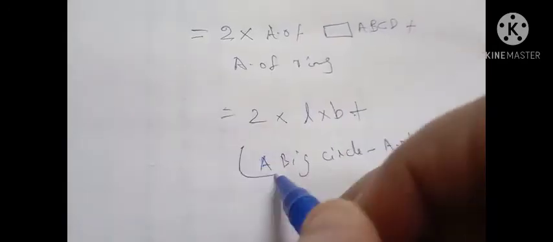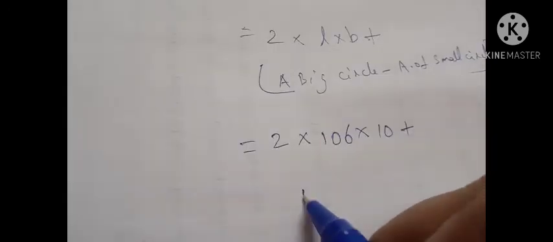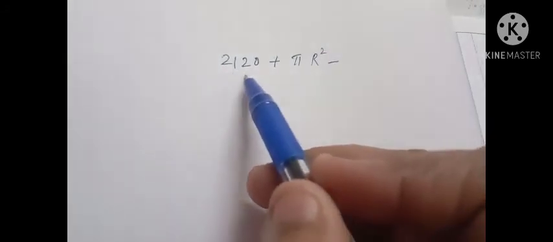We can put that in a bracket. Then L into B we can give as 106 into 10, plus the area of big circle, which is pi R square, minus the area of small circle, pi r square. Here we can multiply 2 into 106 into 10, then 2120 plus pi R square minus pi r square.